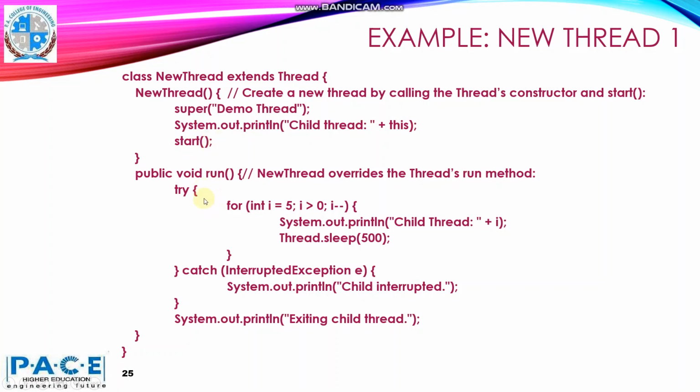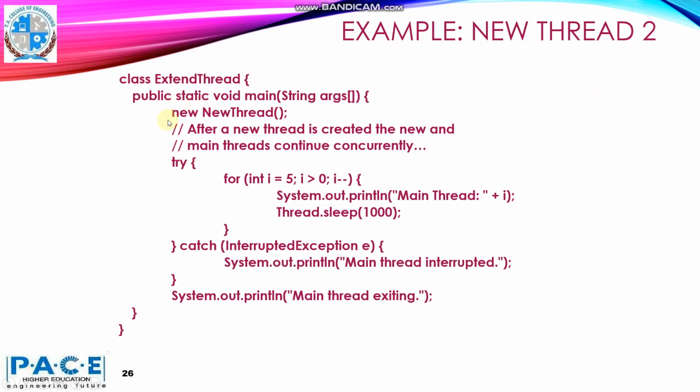This child thread then starts executing the loop, where it prints child thread and the current iteration, and then sleeps for half a second. Once we instantiate the new thread, it starts executing the code that is there in the run method.